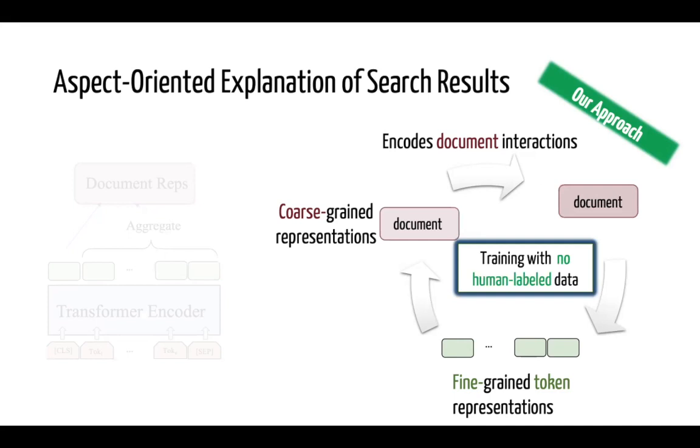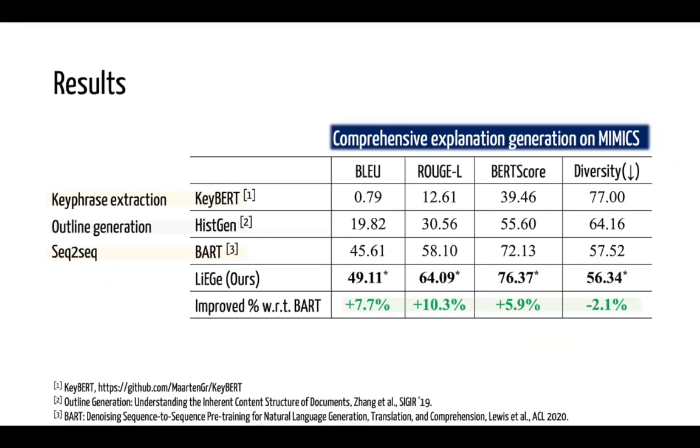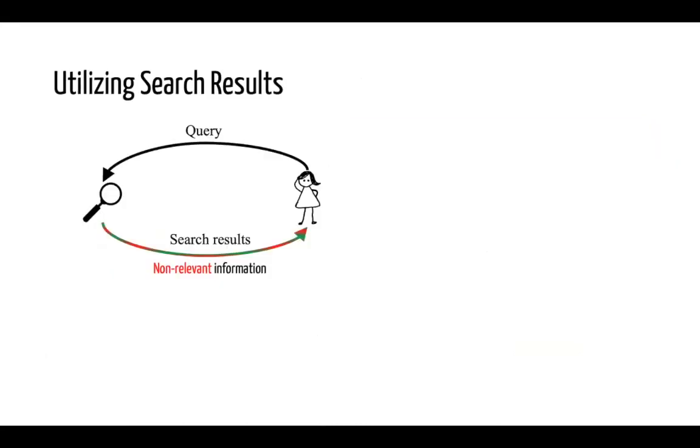This model has been trained without human-labeled data and successfully generates different granularities of aspects for different queries, where some of them can be very general and some of them specific. Given the time, I'll just show you that it improved on the strong baseline at the time, but no more description of the results here.